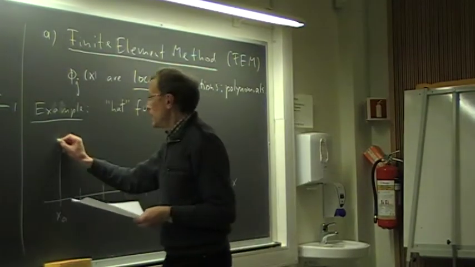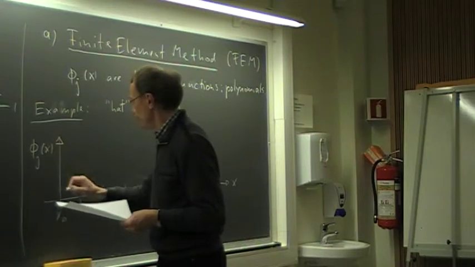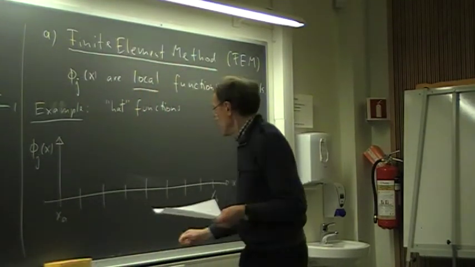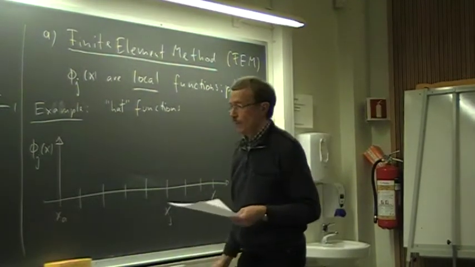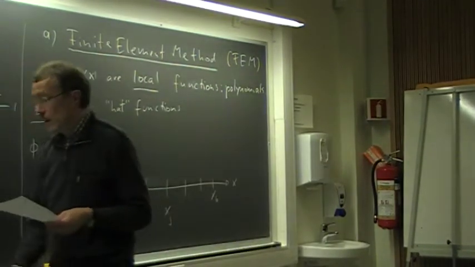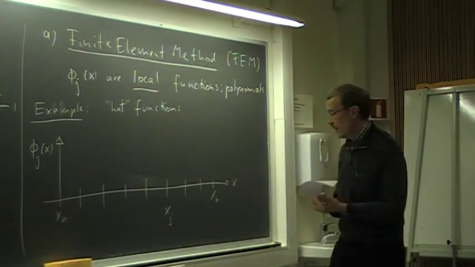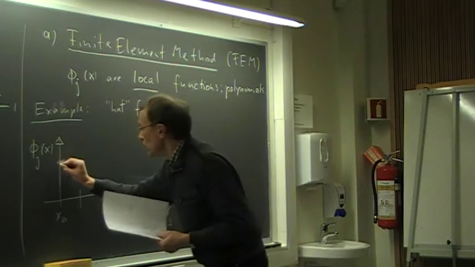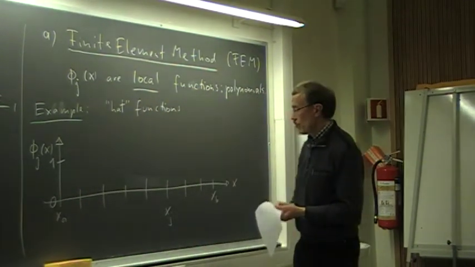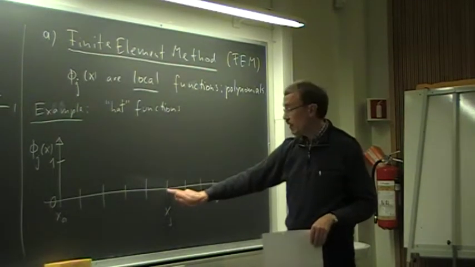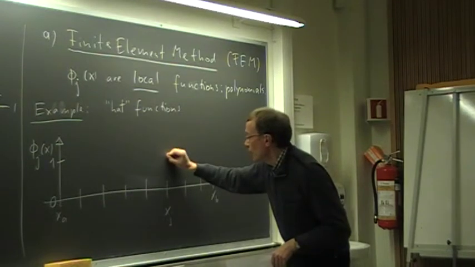And then we can identify, if we want to, for example, look at the phi j of x. We say we want to take here the xj as an example. Then it will be only locally different from 0. What we have here is the number 1, here we have the number 0. So at the grid point, or at the node xj, this hat function phi j of x has the value 1.